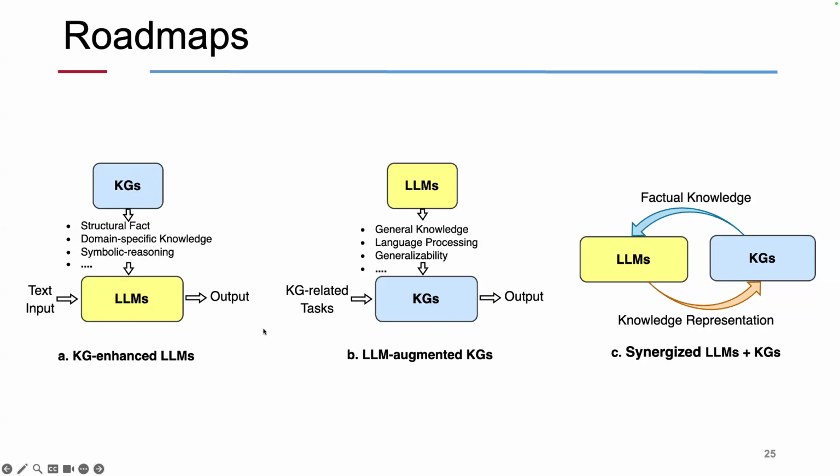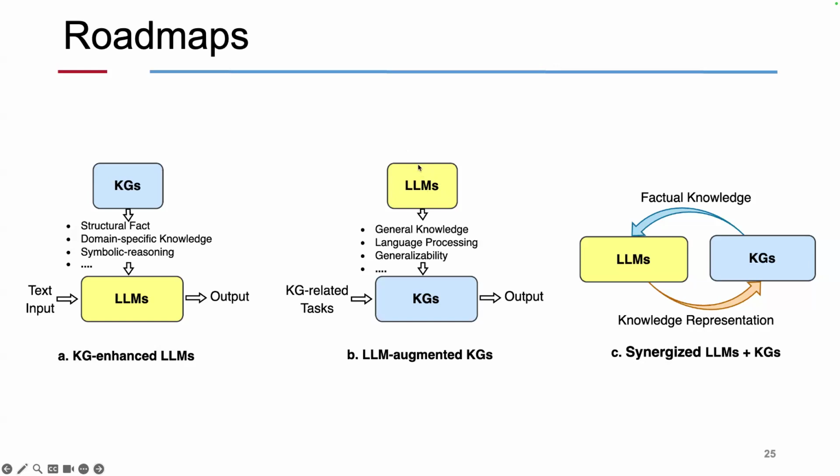On the other side, LLMs can also enhance knowledge graphs. For instance, if we would like to do KG-related tasks, including KG construction and KG completion, we have different KG tasks. Because LLMs have really strong language processing capability and a lot of general knowledge, they can enhance this process.